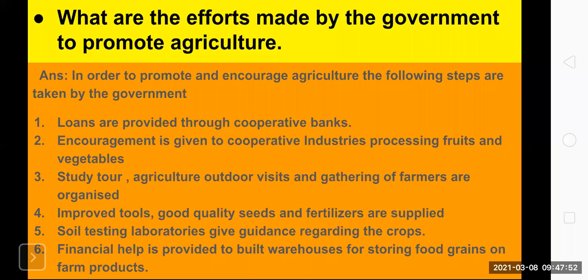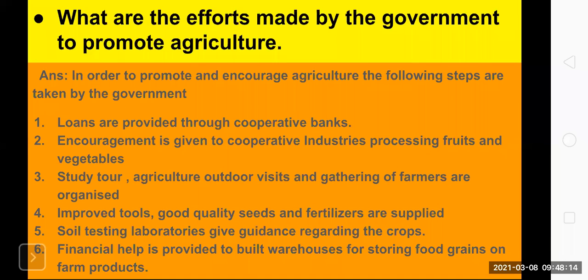The first one is, loans are provided through cooperative banks. Second, encouragement is given to cooperative industries processing fruits and vegetables. Third, study tours, agriculture outdoor visits, and gatherings of farmers are organized.